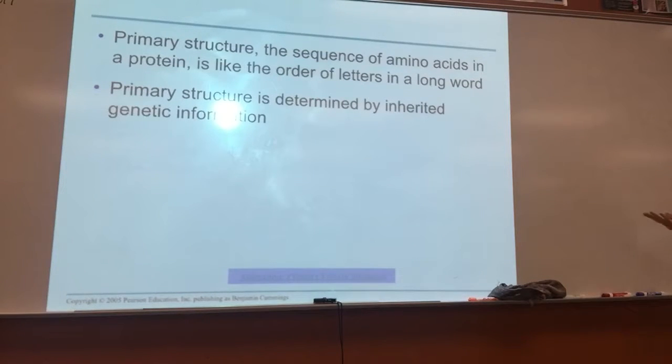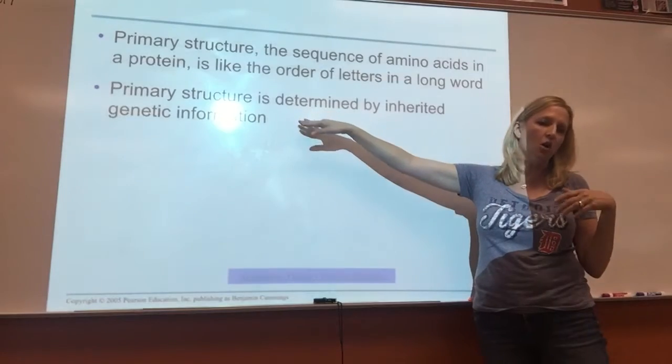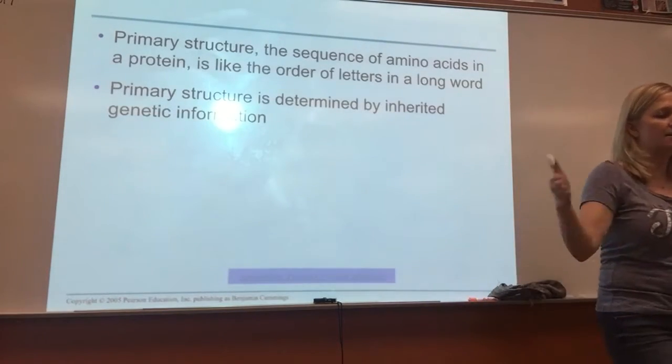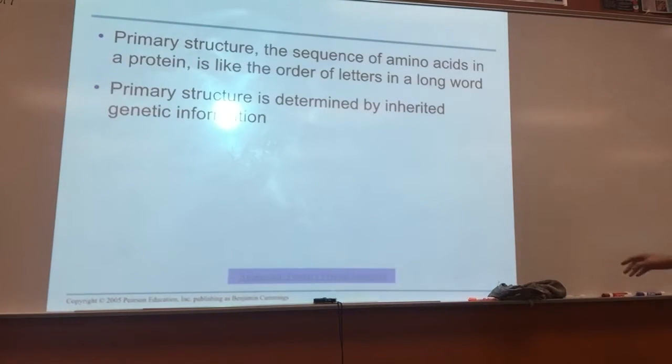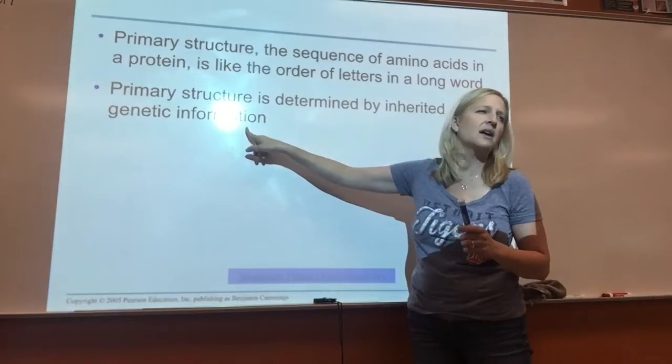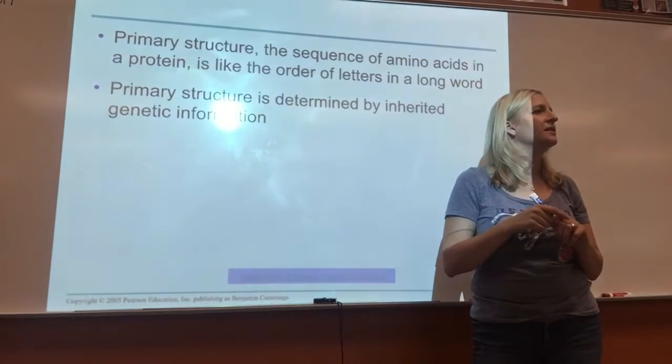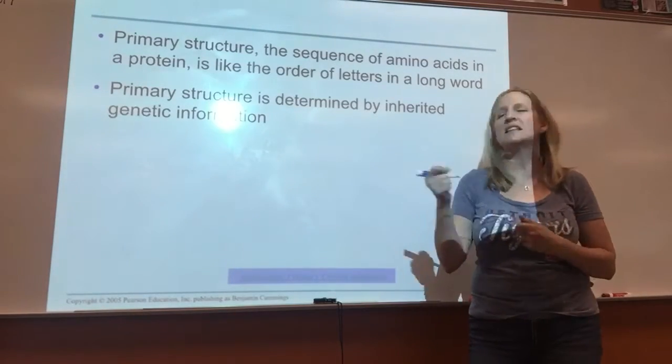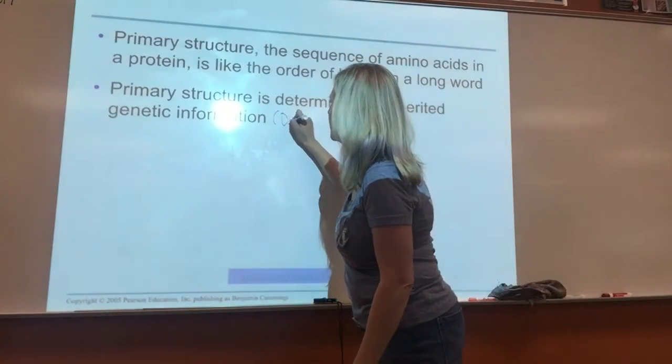Now, how does your cells know what amino acids to hook together? This is determined by your inherited genetic information, otherwise known as, what's the genetic information? DNA. So this is our DNA here.